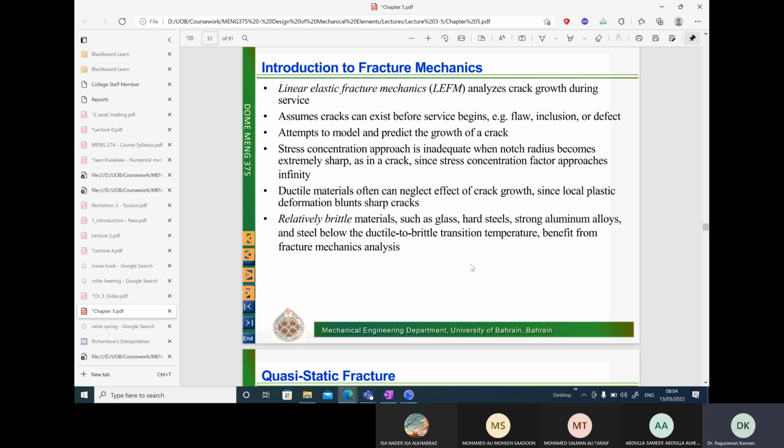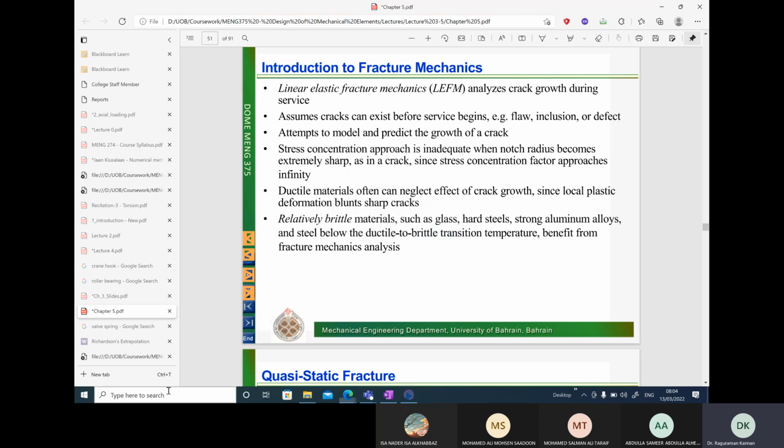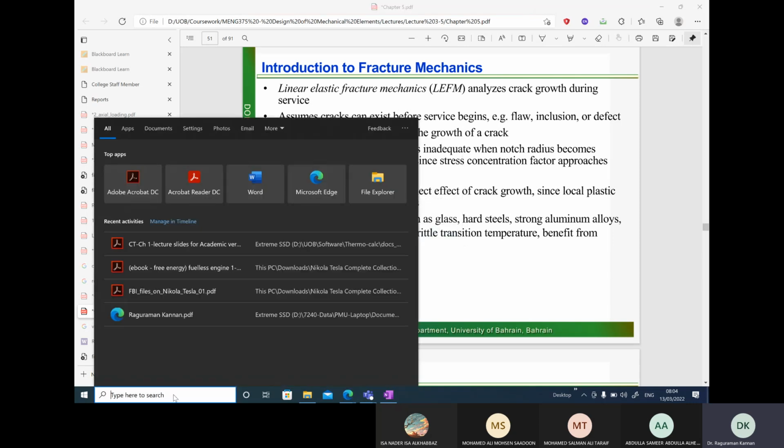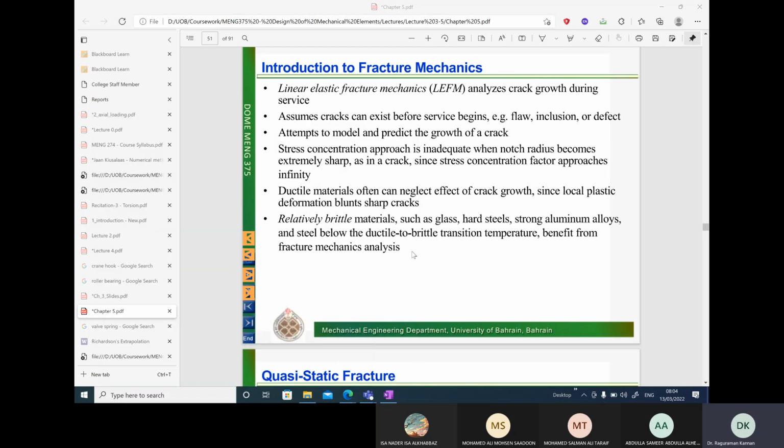Fracture mechanics is a separate, different topic on the failure theory of materials, especially under static loads. Specifically, we are going to go through linear elastic fracture mechanics. Before I continue, I have to connect my iPad.